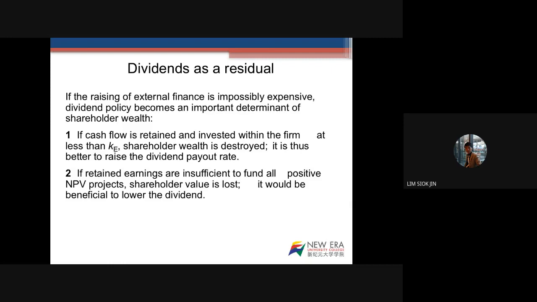That is why we consider reinvestment first, and only then dividend. That is why this slide calls it dividend as a residual. Residual means the balance, the remaining amount, should be given as dividend.